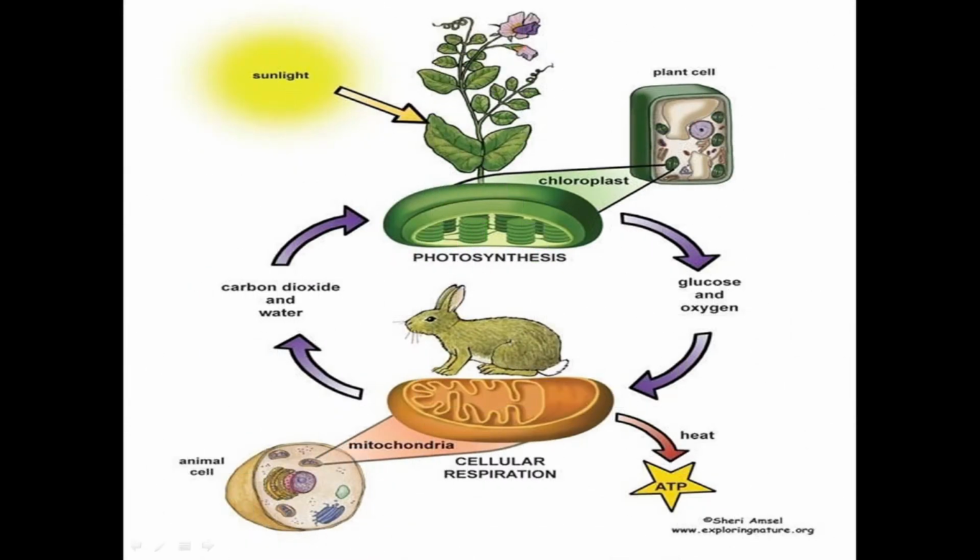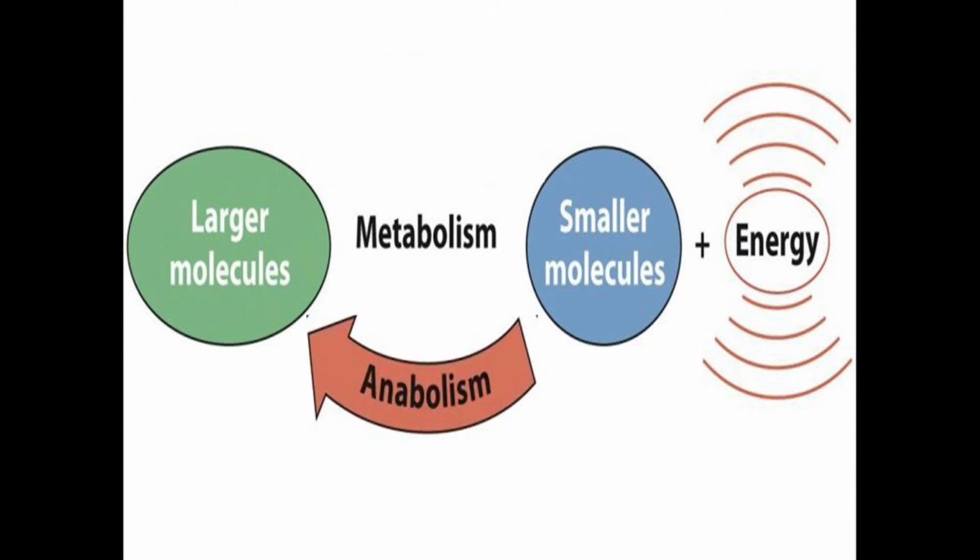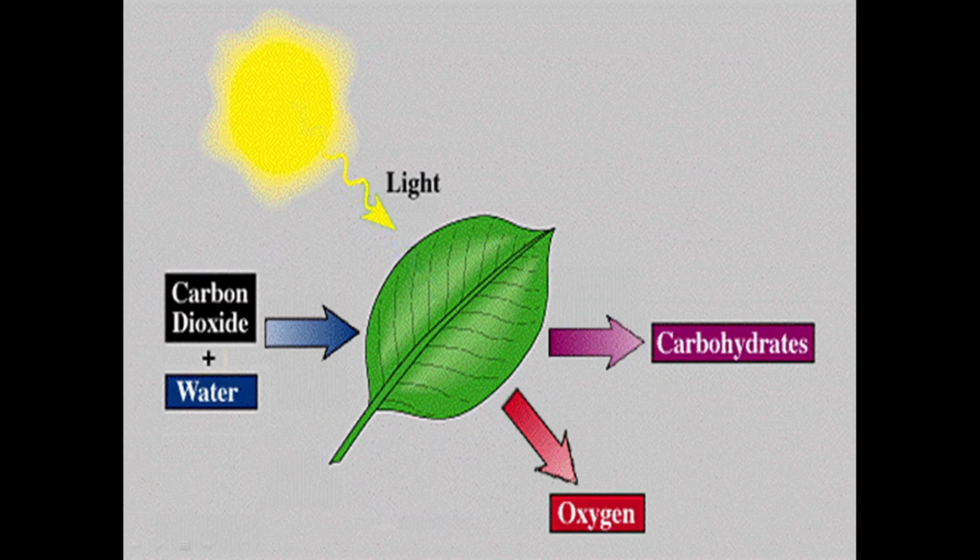Metabolism. It is the sum total of all chemical reactions occurring in the living organism. Metabolism is of two types, namely anabolism and catabolism. Anabolism is the constructive process in which simple chemical substances are converted to complex ones. For example, photosynthesis.